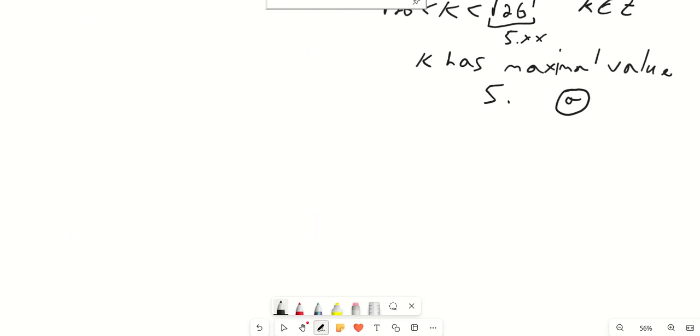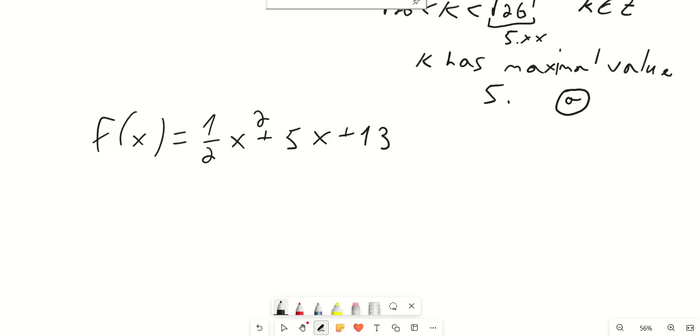So first I write down f when k equals 5. So it's half x squared plus 5x plus 13.